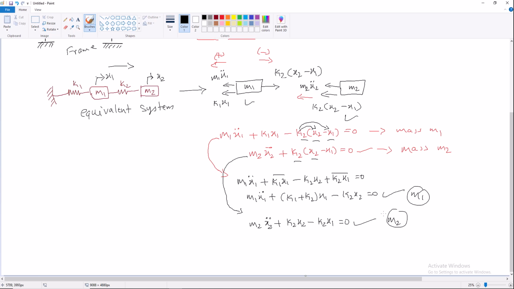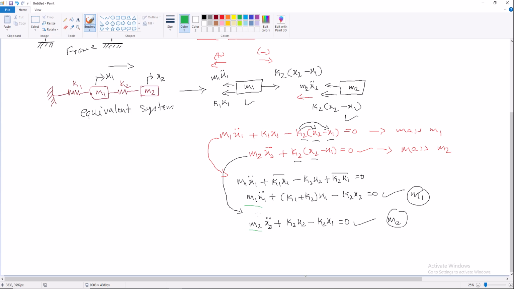So now I would like to write it in matrix form. How can I write it? By referring to the equation of mass m1 and for mass m2.